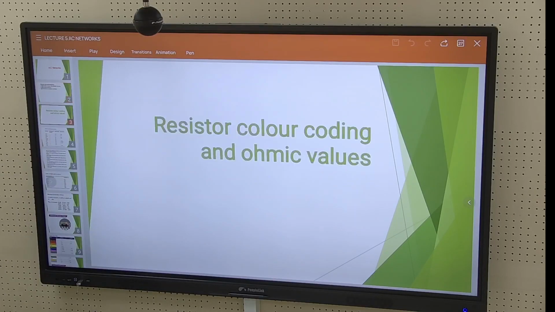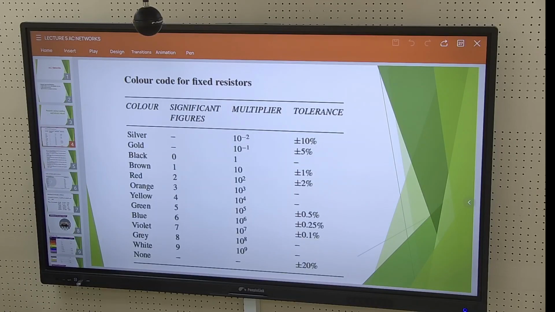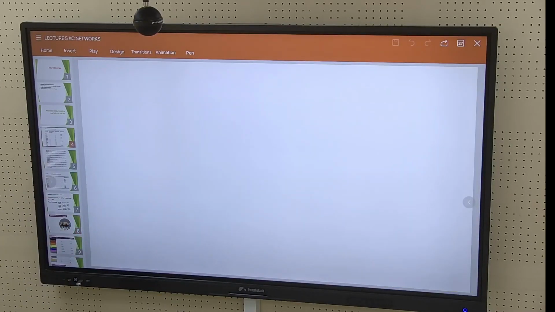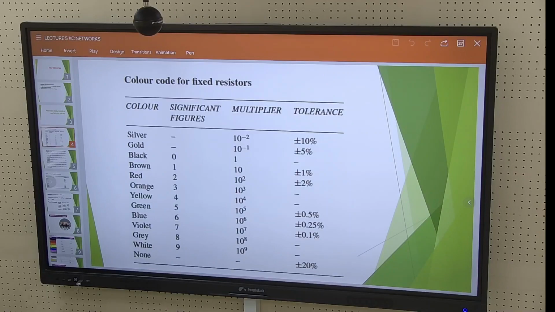First, today we are going to see the resistor color coding and ohmic values. This is a color coding. When you look at the color coding, you find the resistor with those colors, and those colors say that if the color is silver, it has no significant figure.